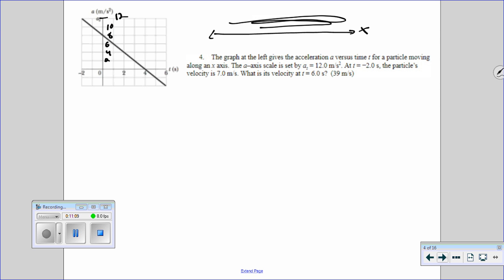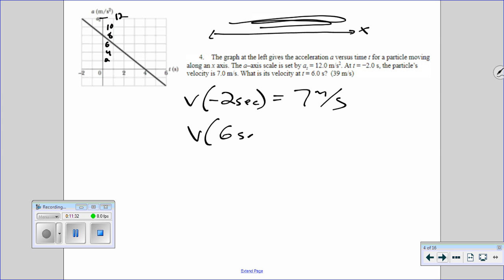All right, so it says at t equals -2 seconds, the velocity is 7 meters a second. So here's what I'm going to write. The velocity at -2 seconds is 7 meters per second, because our velocity is a function of time. Follow? All right, what we want to know is what's the velocity at 6 seconds?